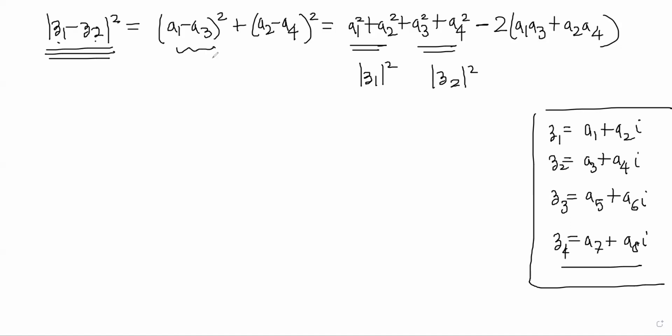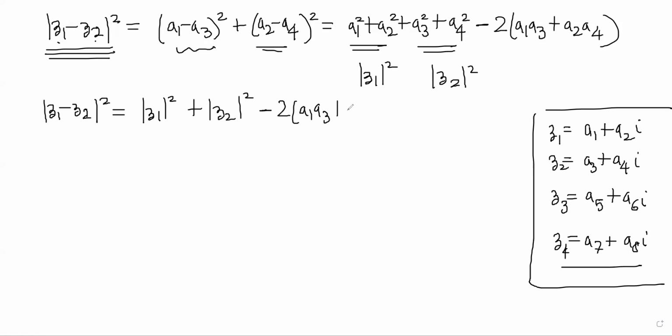First, I calculated Z1 minus Z2, that will be A1 minus A3 plus A2 minus A4 i, and the modulus of that is this. And then we can see here that mod of Z1 minus Z2 whole square is equal to mod of Z1 square plus mod of Z2 square minus 2 times A1 A3 plus A2 A4, right?